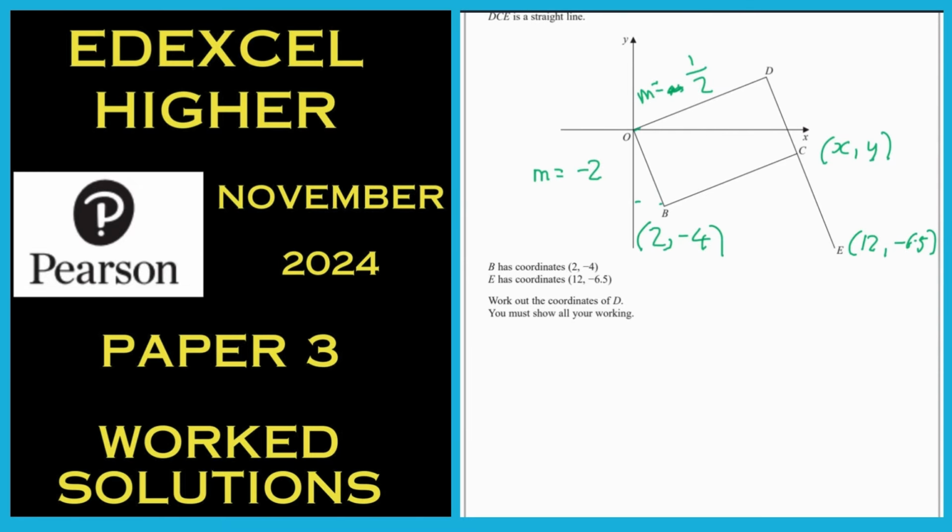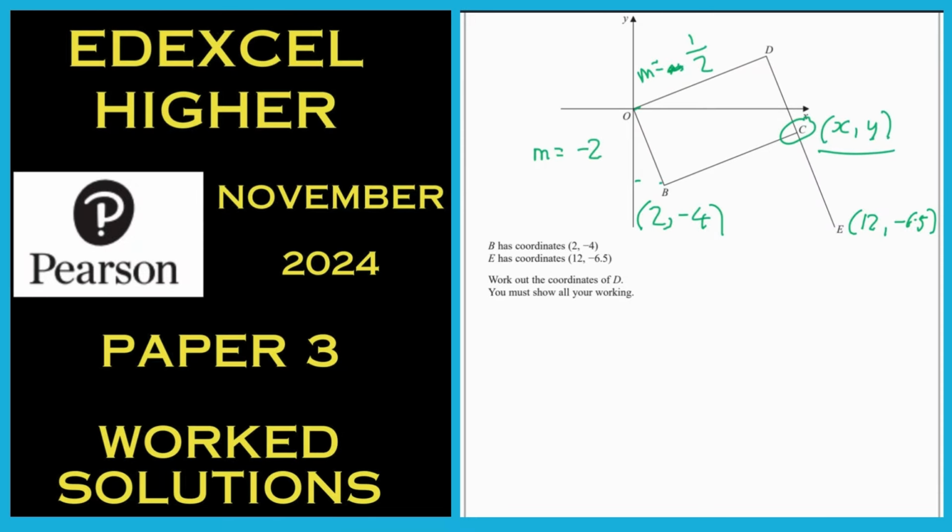What do we know about C? Well, C lies on 2 straight lines. And that's important because where 2 straight lines cross, you can find x and y by using simultaneous equations. It's just we need to come up with those equations.